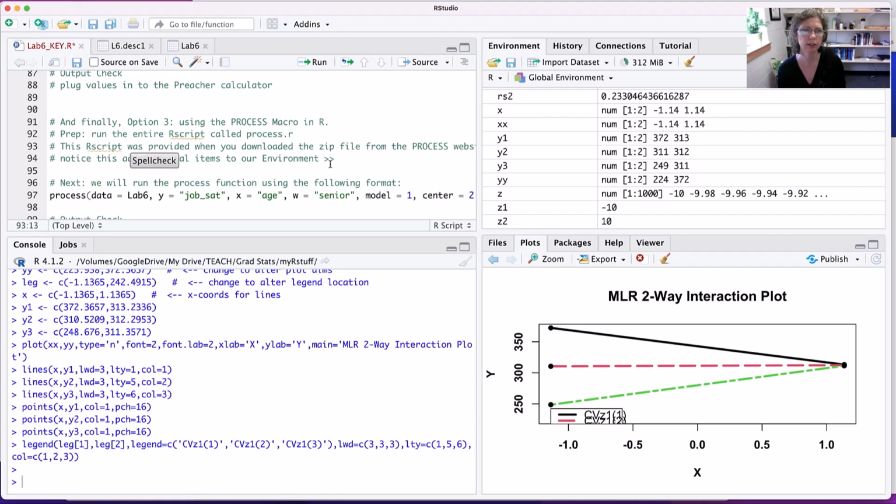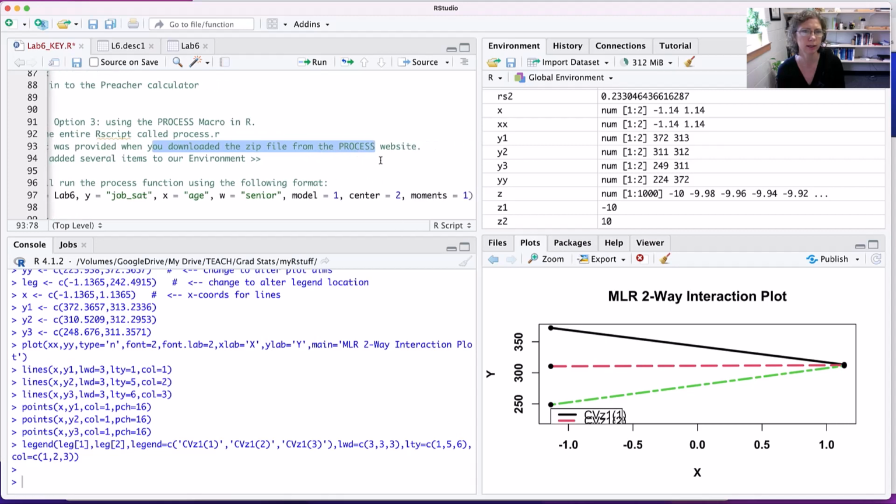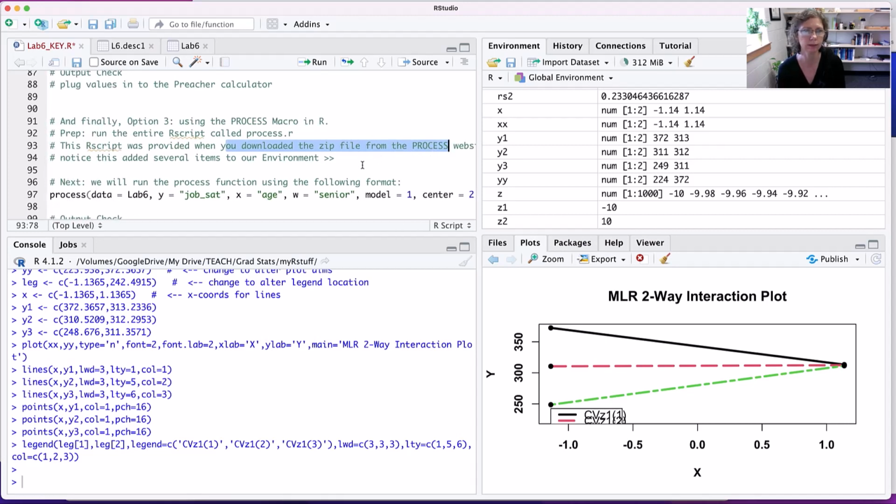It's a little different. It's not loading a package. It's running a script, like a whole script. And you got the script when you downloaded the zip file for the process website. So if you didn't download the process website before, you can do that.